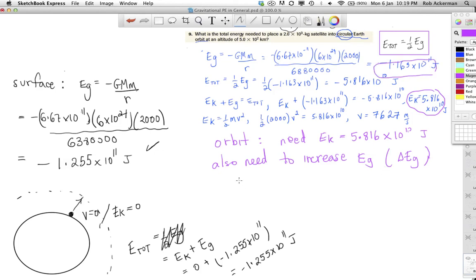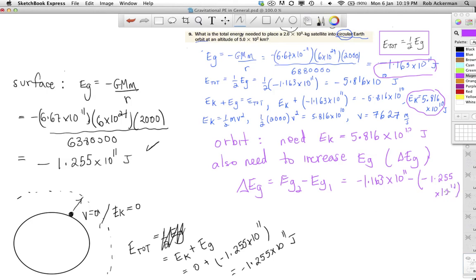So I want to go from an initial value of this to a final value of that. What's the change? Easy, just subtract. Change is delta, is subtraction. EG2 minus EG1, that's going to be this number, negative 1.163 by 10 to the 11, minus negative 1.255 times 10 to the 11.